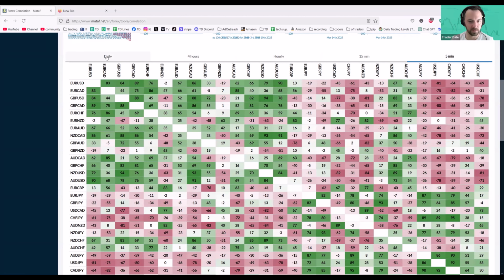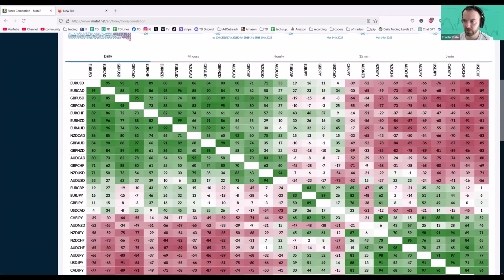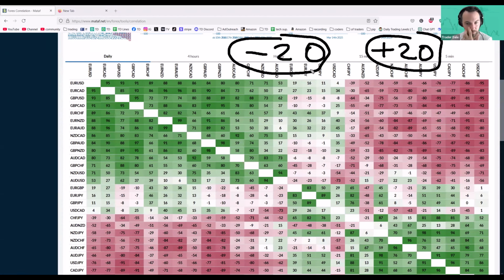And the best thing is really when you are trading pairs which are not correlated, which means ideally zero, but it's never zero. So let's say on the scale from minus 20 to plus 20, that's the sweet spot. Those, for example, those.